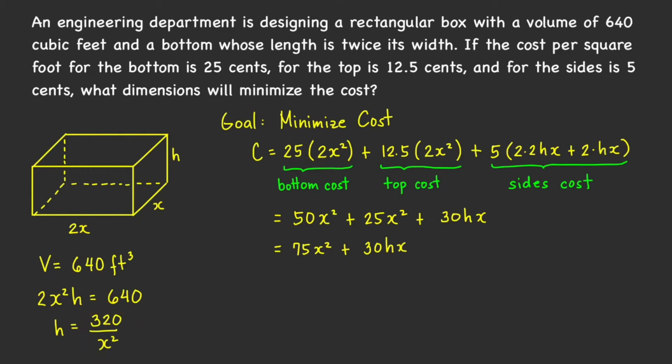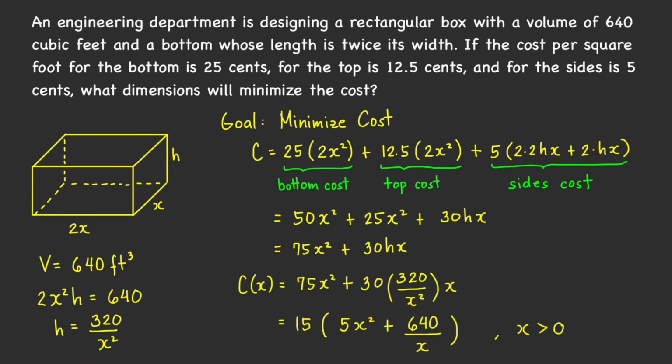So now we replace this h here by this expression, and we'll get 75x squared plus 30 times this expression times x. So now we're able to write our C as a function of a single variable x, and it is equal to this expression.